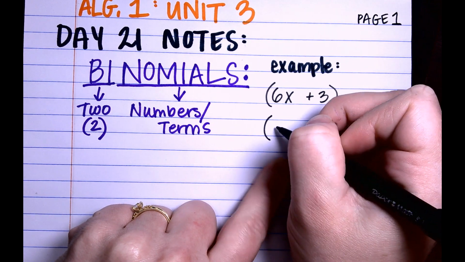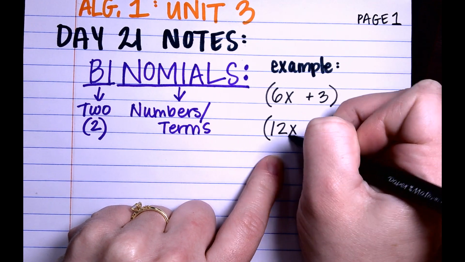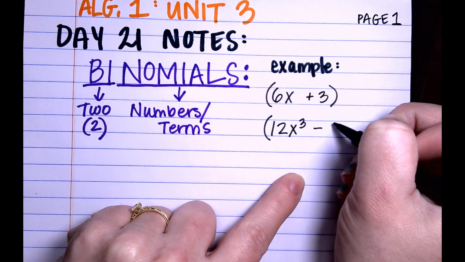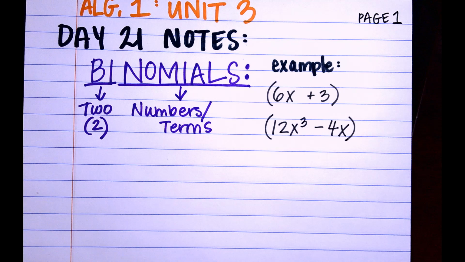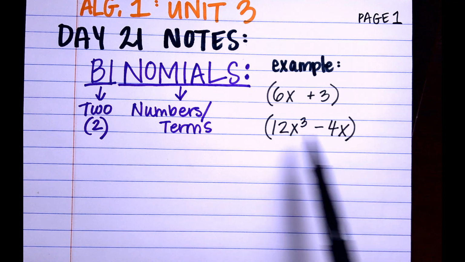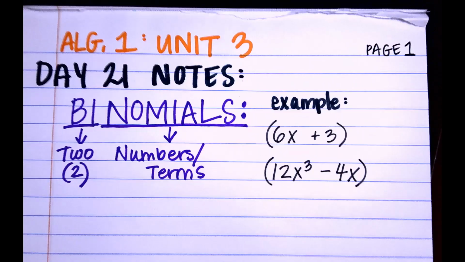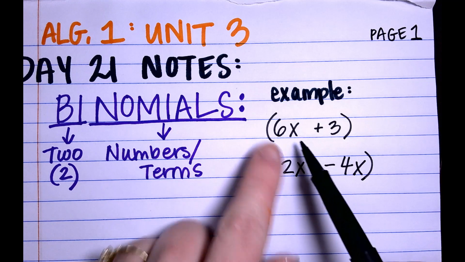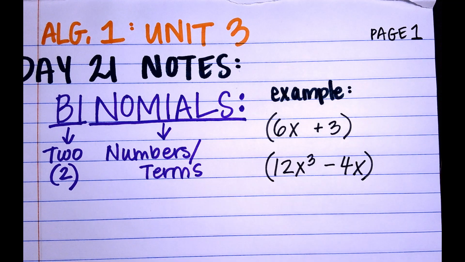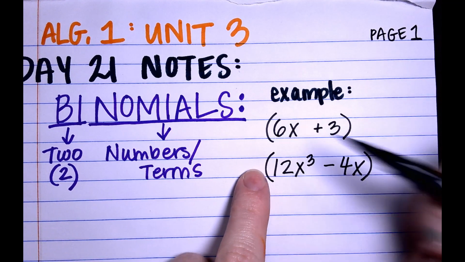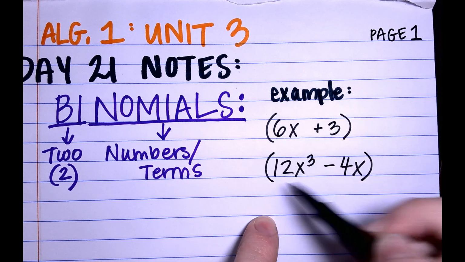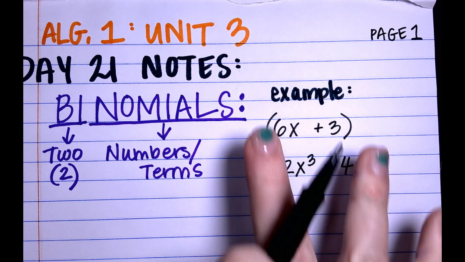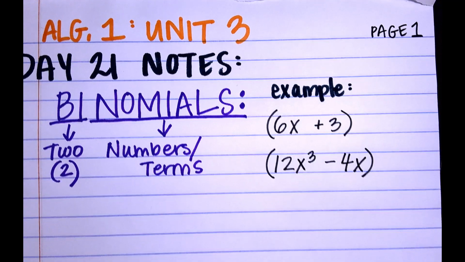Another example could be like 12x to the 3rd power minus 4x. That's a binomial. There's 2 terms. The term includes the number and the variable and the exponent. 6x is a term. 12x to the 3rd power, that is a term. Okay, so both of these have 2 terms.